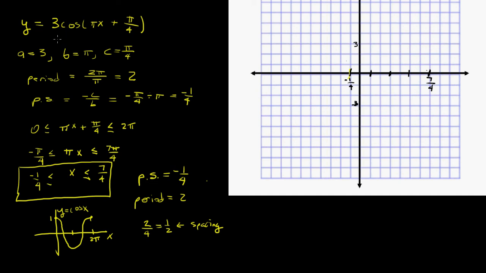So our 3 multiplier stretches the graph vertically to give it an amplitude of 3. And then the pi x plus pi over 4 on the inside here shifts our graph and also stretches it horizontally. And we found all the information we need to make that picture. Okay, so we start at the top, just as we see over here in our normal cosine function.